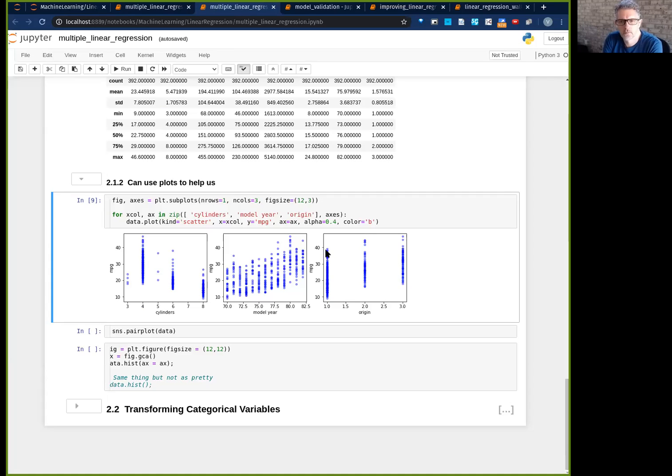Origin here. Origin is probably the biggest candidate for a category, because we know in this context, I kind of just made it up, it's something along the lines of North America, Europe, and Asia.